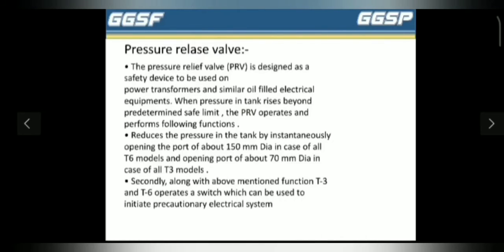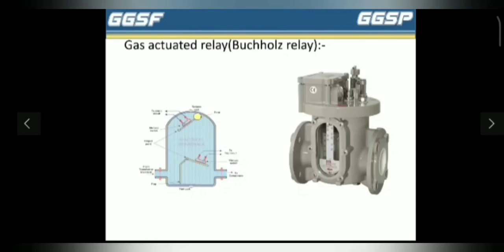It reduces the pressure in the tank by instantaneously opening a port of 150 mm diameter in case of T6 models and a port of 70 mm diameter in case of T3 models. Secondly, along with the above mentioned functions, T3 and T6 operate as a switch which can be used to initiate precautionary electrical systems.